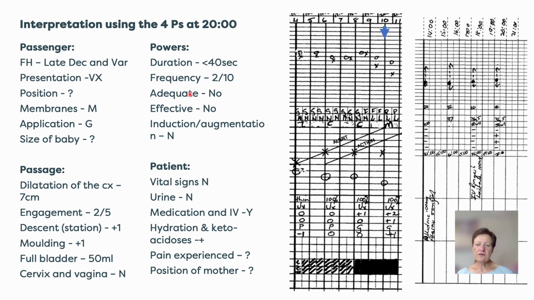Then if we look at the contractions, there's nothing different. There are still only 2 contractions longer than 40 seconds. So we can again say with certainty the contractions are not adequate and neither are they effective.